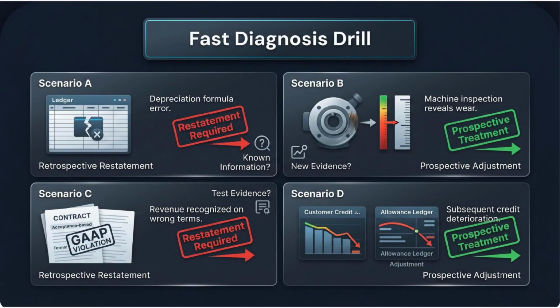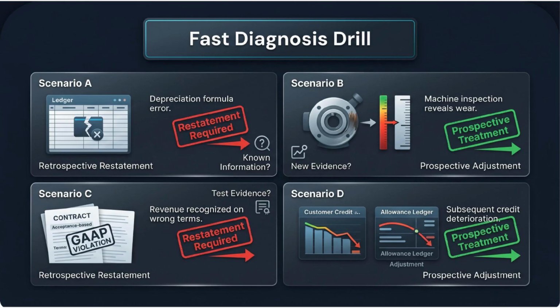Now let us run a fast diagnosis drill. A formula error in a depreciation schedule using the wrong useful life for 3 years is an error correction because the correct parameter existed. A new inspection showing that a machine's remaining life has fallen is an estimate change because new physical evidence emerged.